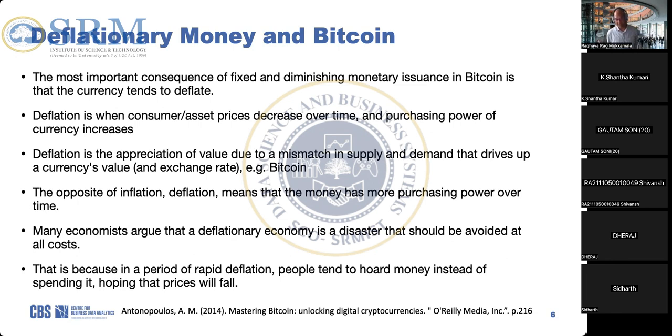You can, but if the prices are in a decreasing trend, maybe if you hold your money and buy your apartment after 1 year, you will get a much better price, or a much better apartment than what you can afford as of now, right? So that's the kind of deflation phenomenon where people will stop spending money, and which is bad for the economy.